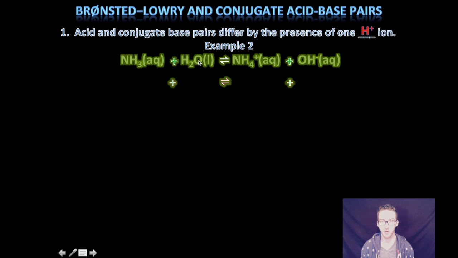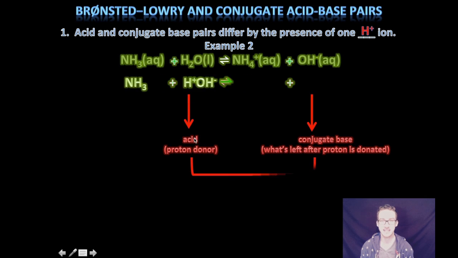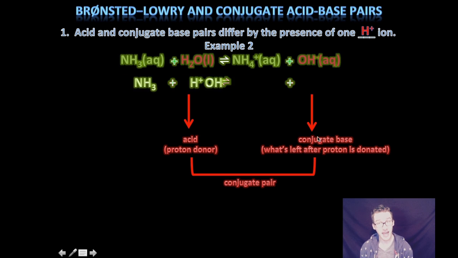Okay, let's take a quick look at a second example. This one we're going to look at both the forward and the reverse reactions to really better understand these conjugate acid-base pairs. We've got ammonia and water. In this example, in the forward direction, water is acting as an acid. It's acting as a proton donor. What's left, as we look at the product side, after it donates is the hydroxide ion. This is therefore its conjugate base.